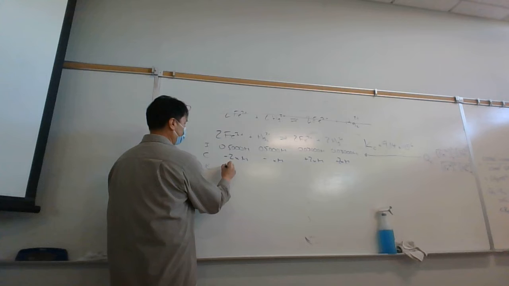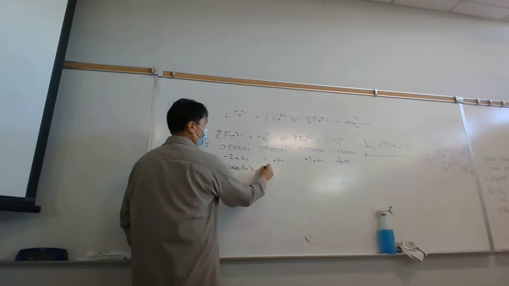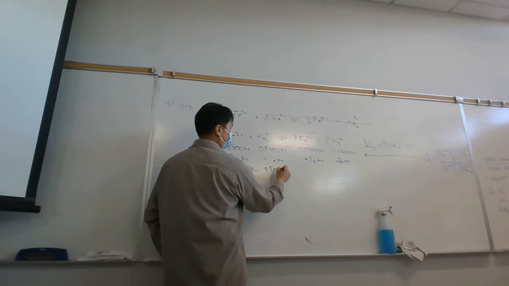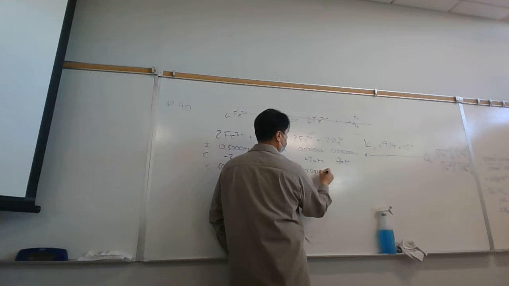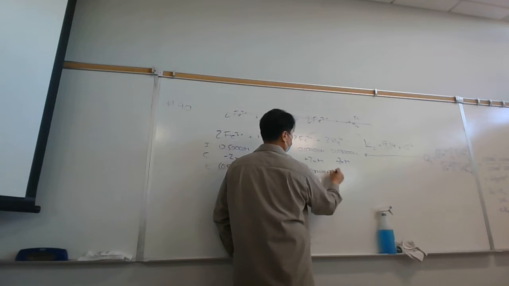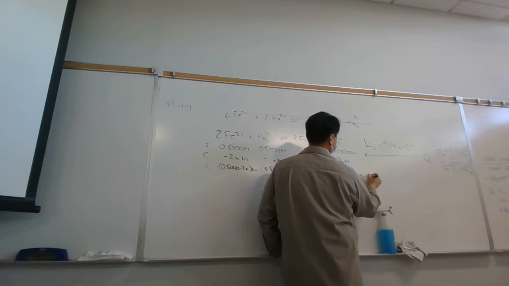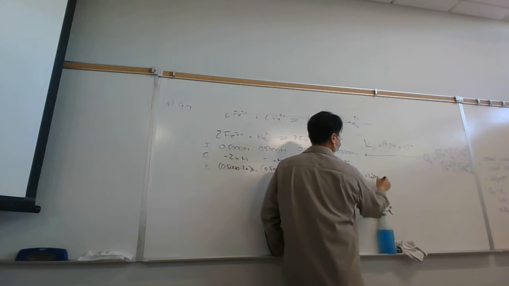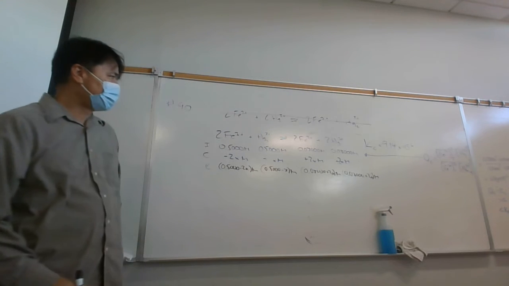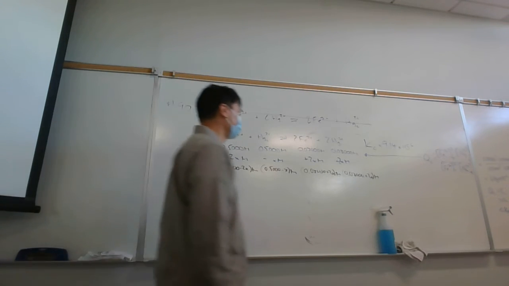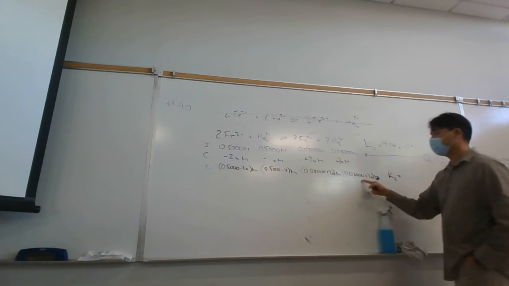I'm going to have 0.5000 minus 2x molar, 0.5000 minus x molar, 0.03000 plus 2x molar, and 0.03000 plus 2x molar. Okay, then I'm going to plug that into Kc and try to solve for x.